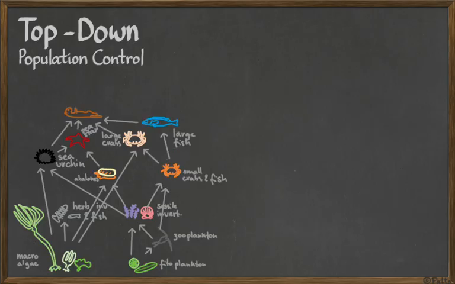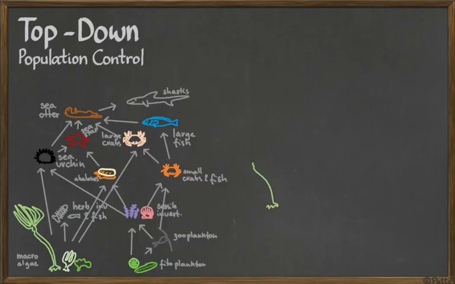This is the food web of the kelp forest, and there they are. So the sea otter actually is keeping in check the population of other animals like the sea urchins. And actually the shark is also keeping in check the population of sea otters. So the sea otters are being top-down controlled by sharks, the sea urchins are being top-down controlled by sea otters.